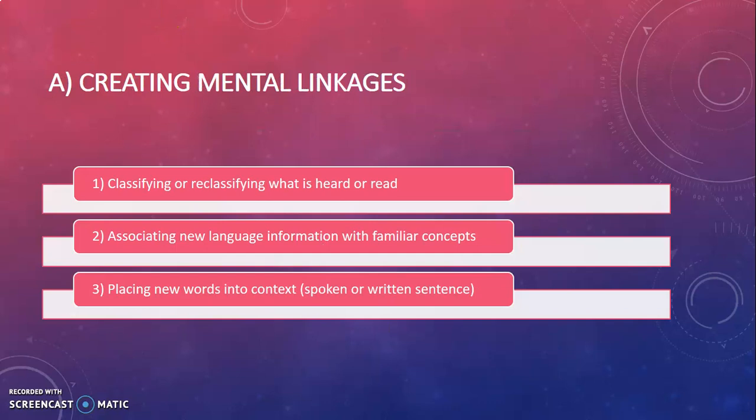Okay, first of all, creating mental linkages. First, classifying or reclassifying what is heard or read. Grouping involves classifying or reclassifying what is heard or read into meaningful groups, thus reducing the number of unrelated elements.